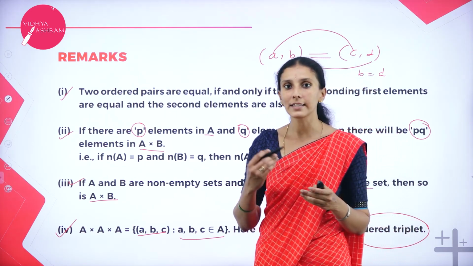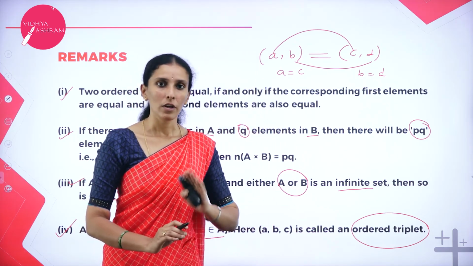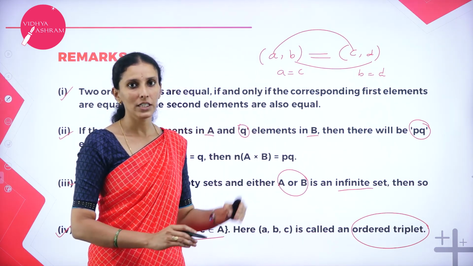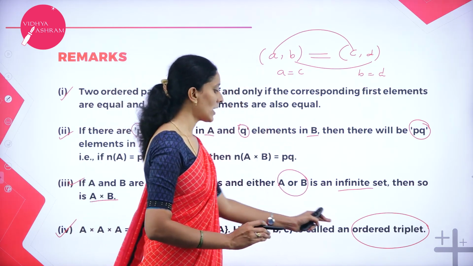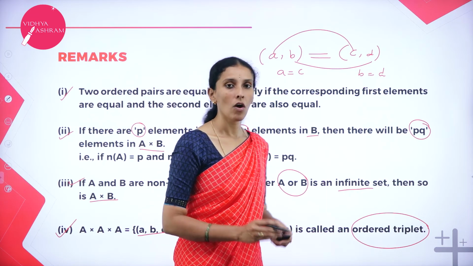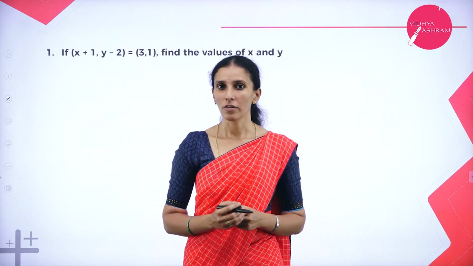Since you are pairing the same set, the first, second and third elements will belong to the same set. Those types of Cartesian products are called ordered triplets. So using this concept, now we are going to solve some problems.